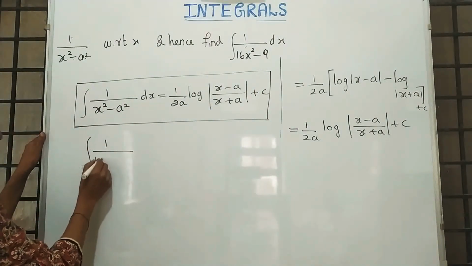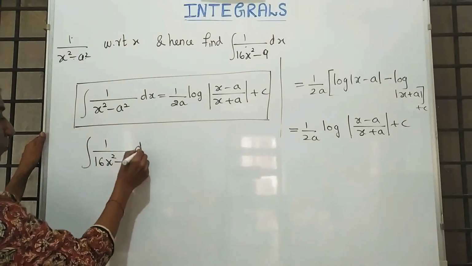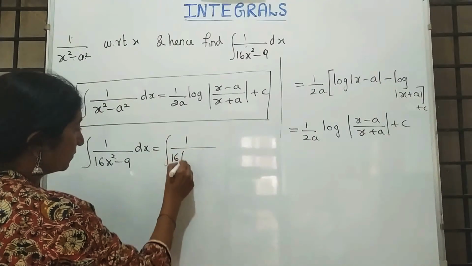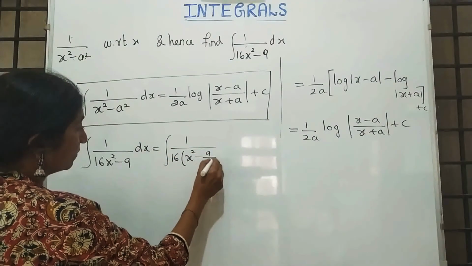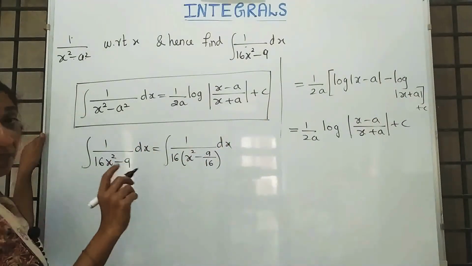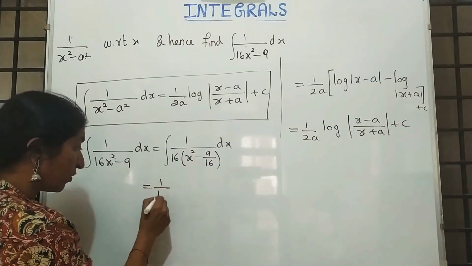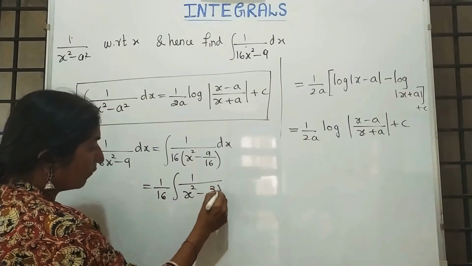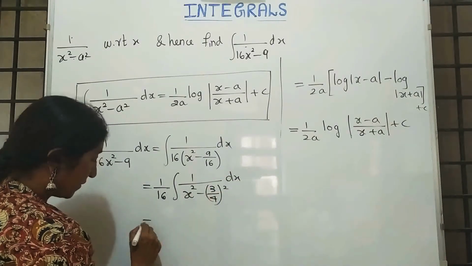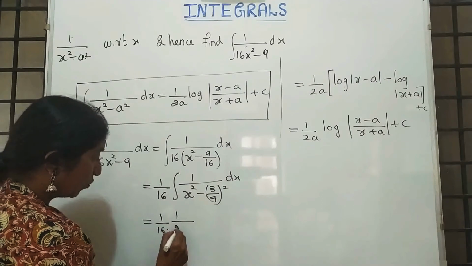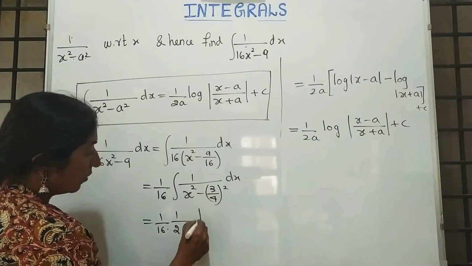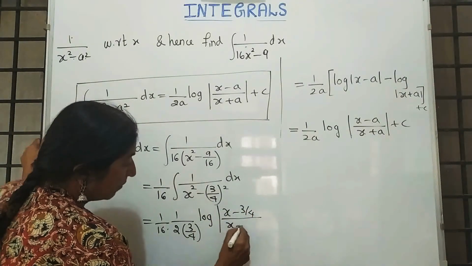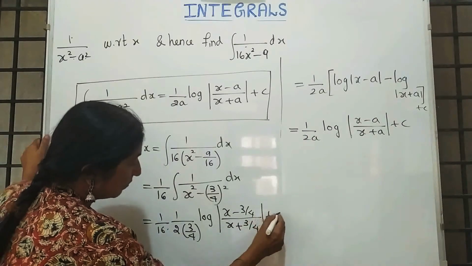1 upon 16x square minus 9 into dx. Again, with x square there is no number, means take 16 common. Previous is with square root, here it is without square root. 1 by 16, 1 upon x square minus 3 by 4 whole square into dx. 1 by 16 as it is, 1 by 2a, a is 3 by 4, log of x minus 3 by 4 upon x plus 3 by 4 plus c.